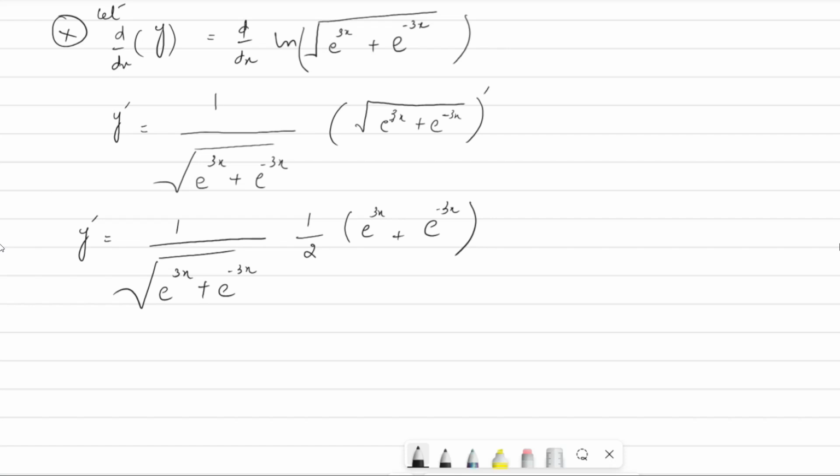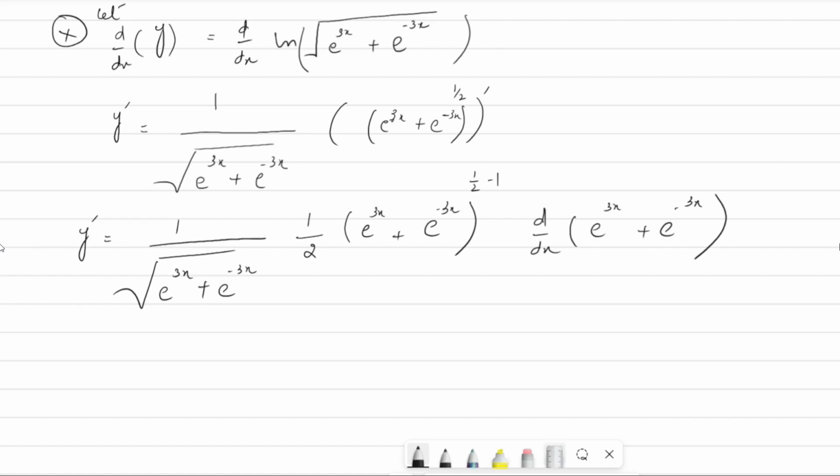3x plus e raised to the power minus 3x. We know this square root means power 1 upon 2. So the power comes out, and we have to subtract 1 from the power, and then afterwards take the derivative of this, d upon dx of e raised to the power 3x plus e raised to the power minus 3x.